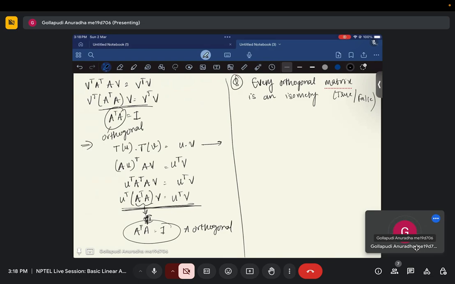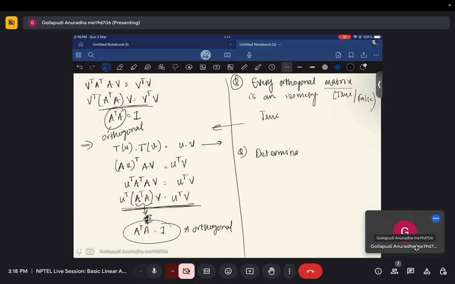What do you think? I think true, ma'am. Yeah, that is true. True statement, as we have seen in the previous exercise. For all orthogonal matrices, the norm and the angle both will be preserved. So an orthogonal matrix is an isometry. Okay, so next question.